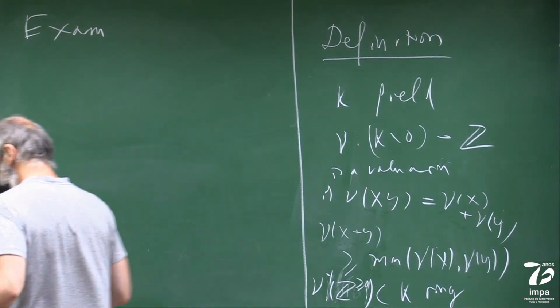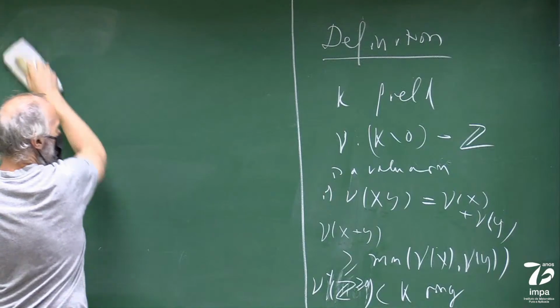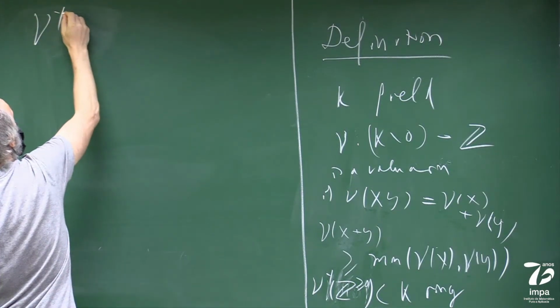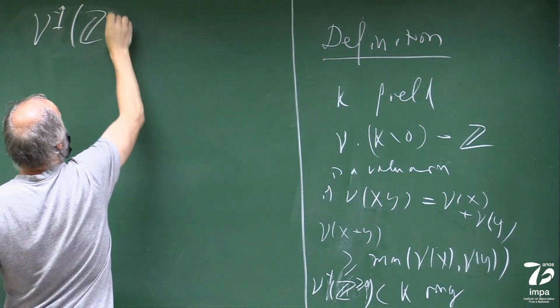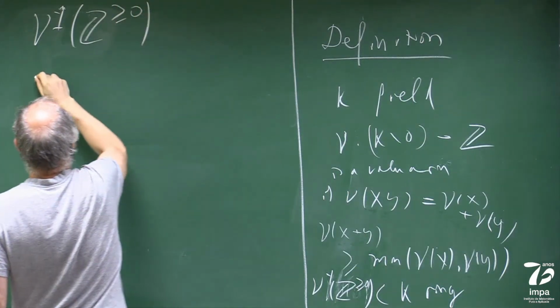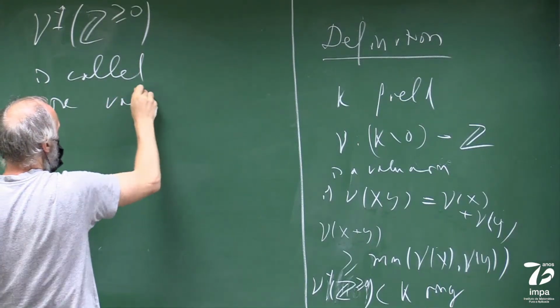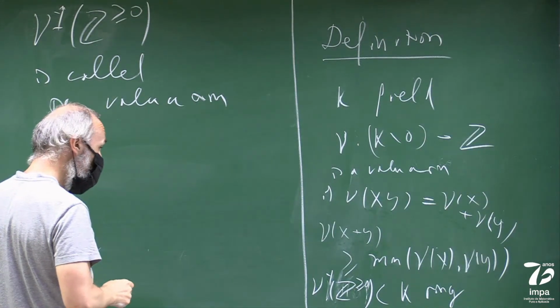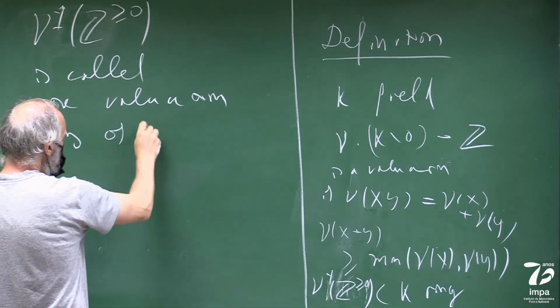So this ring is called the valuation ring for this valuation, nu minus 1 of non-negative integers, the valuation ring of nu.